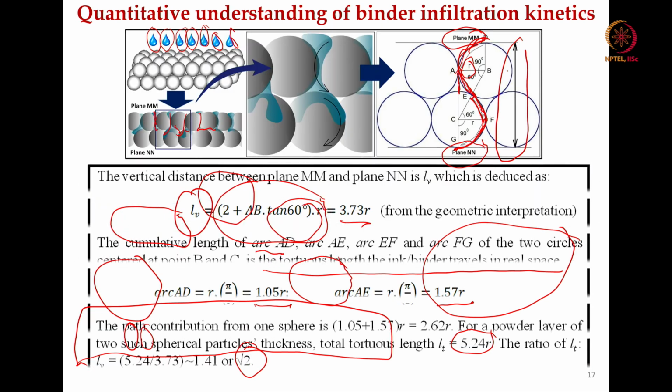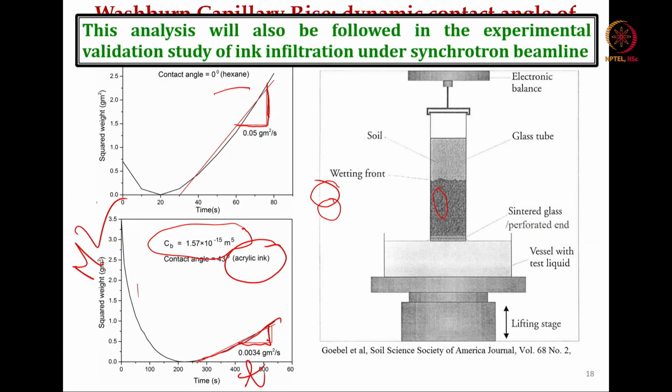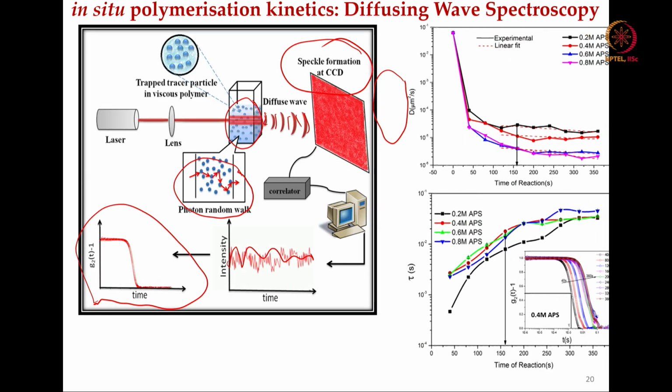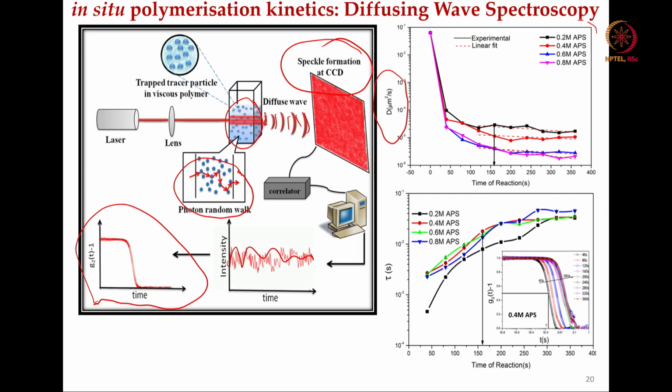So, essentially with this diffusing wave spectroscopy technique, what we are showing you is that if you vary the APS concentration from 0.2 molar to 0.8 molar, how the diffusivity changes with time.